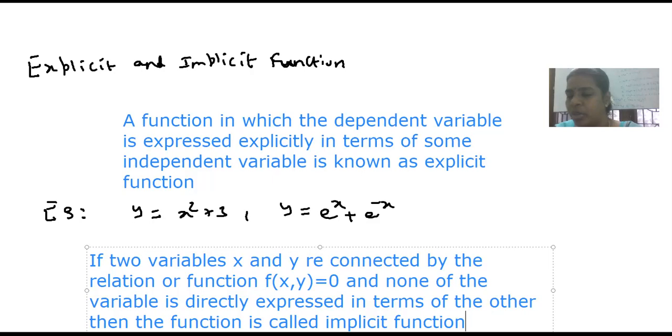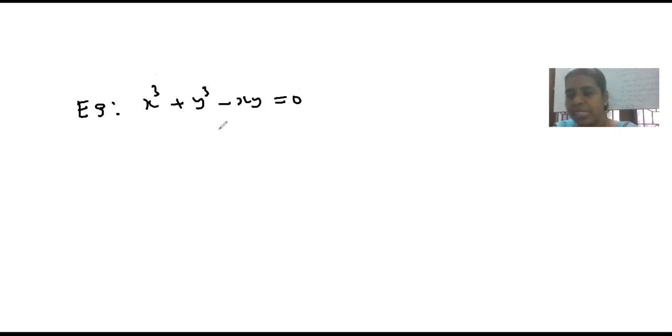I will give you just one example. If you have a function f of x comma y equal to 0, we can write it like this: x cube plus y cube minus xy equal to 0 is the implicit function. Explicit means we have one variable y equal to something; it should depend on some variable.